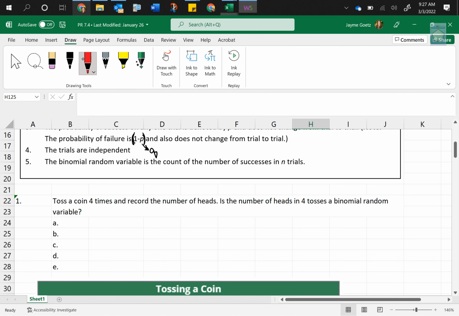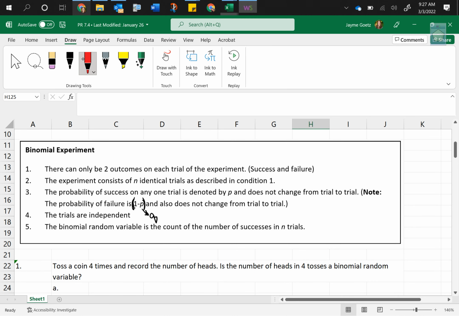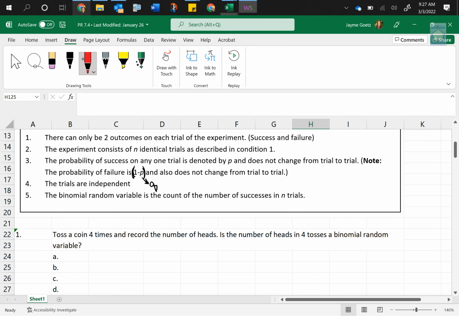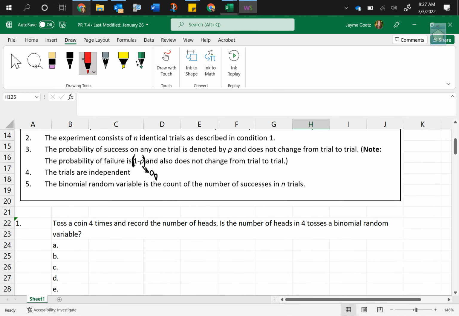On number 1, toss a coin 4 times and record the number of heads. Is the number of heads in 4 tosses a binomial random variable? In order for it to be a binomial random variable, it has to meet these 5 requirements. The first requirement: there can only be 2 outcomes on each trial of the experiment.